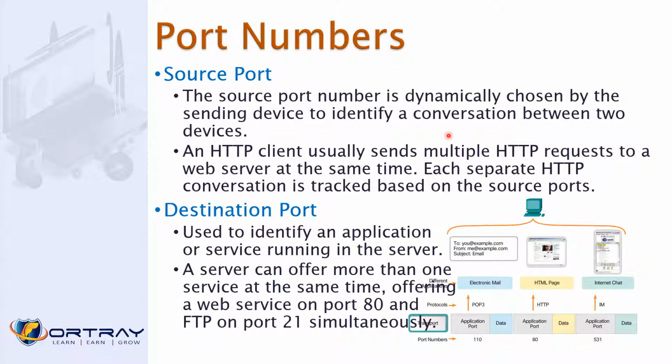Clear? When you open HTTP bbc.com, that is port number 80, right? If you telnet to 2.111.1.111, that means port number 23. If you SSH to 11111, for example, an IP address, that is port number 22.